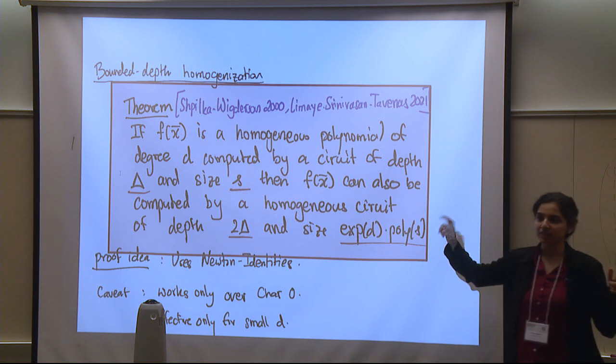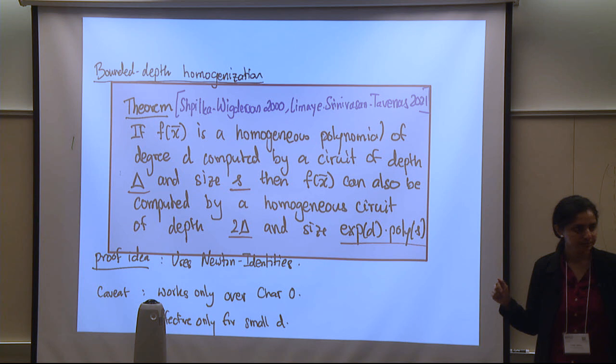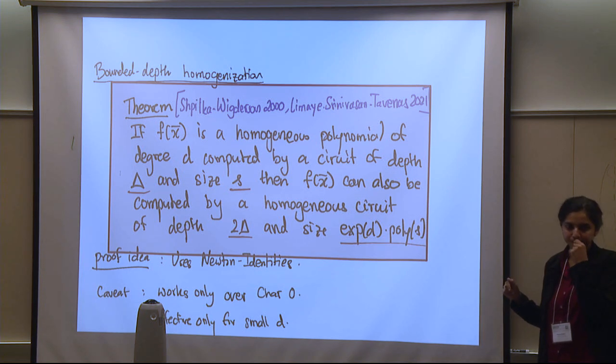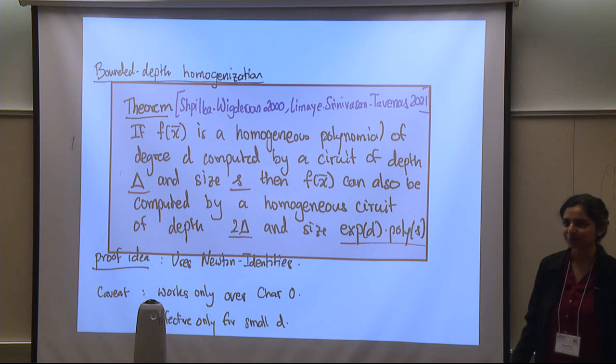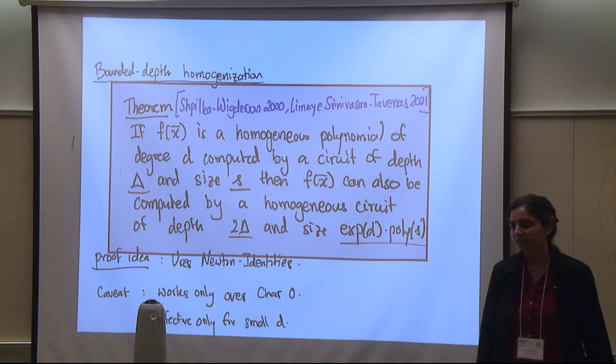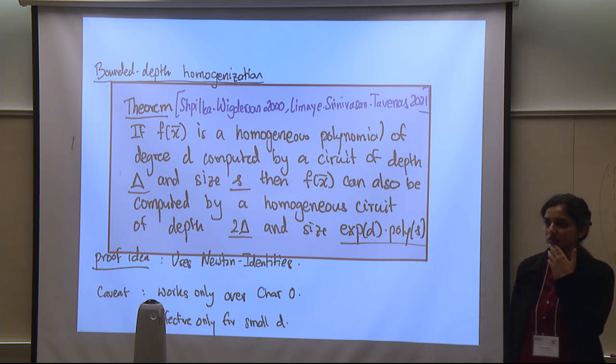So it's like a parameterized upper bound here, where the parameter is degree. Okay. I'm just telling you a result. I've not told you the proof, obviously. So I don't expect you to suddenly start remembering this, but I hope you kind of internalize the construction for homogenization of the circuit that we sketched on the previous slide.